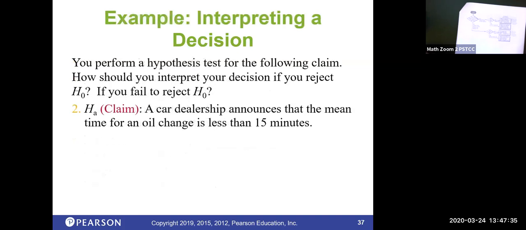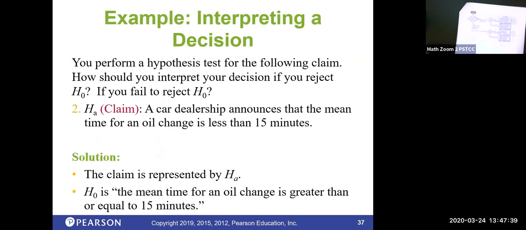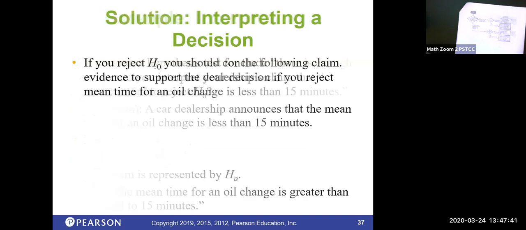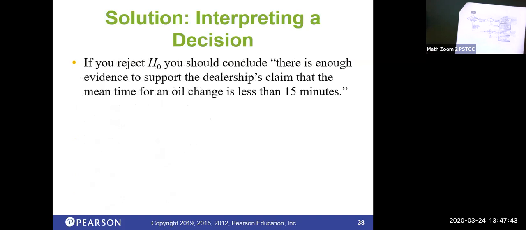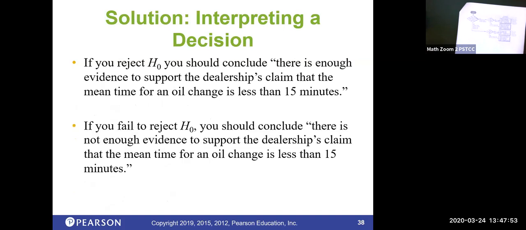So in the car dealership, if we reject the null hypothesis, there is enough evidence to support the dealership's claim that the mean time is less than 15 minutes. If we fail to reject the null hypothesis, we conclude there's not enough evidence to support the dealership's claim.